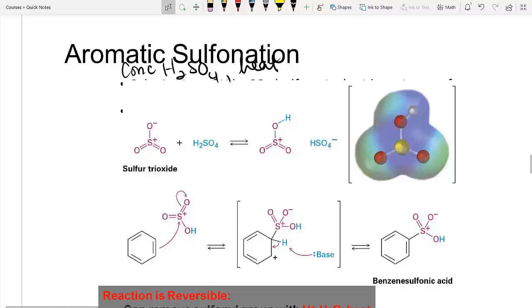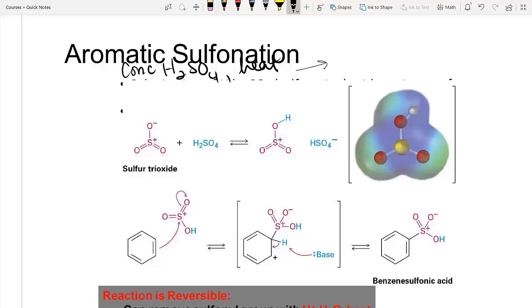In the second video for our class on the 26th, we're going to continue on with ways of making the electrophile. One is sulfonation, which requires concentrated sulfuric acid and heat, which essentially produces sulfur trioxide, and it's that sulfur trioxide in the sulfuric acid that will do the reaction.